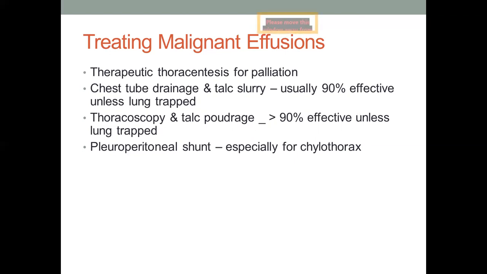This procedure is called pleurodesis, and sometimes a pleuroperitoneal shunt is made, especially for chylothorax.